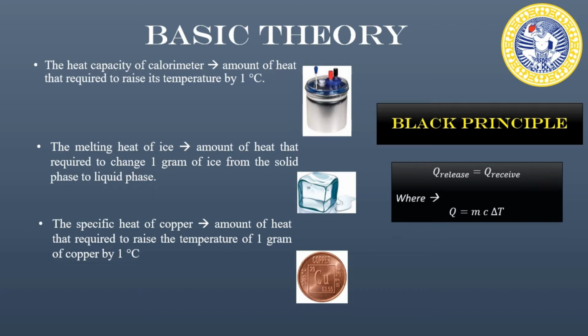The melting heat of ice can also be defined as the amount of heat required to change 1 gram of ice from the solid phase to the liquid phase. And the specific heat of copper is the amount of heat required to raise the temperature of 1 gram of copper by 1 degree Celsius.